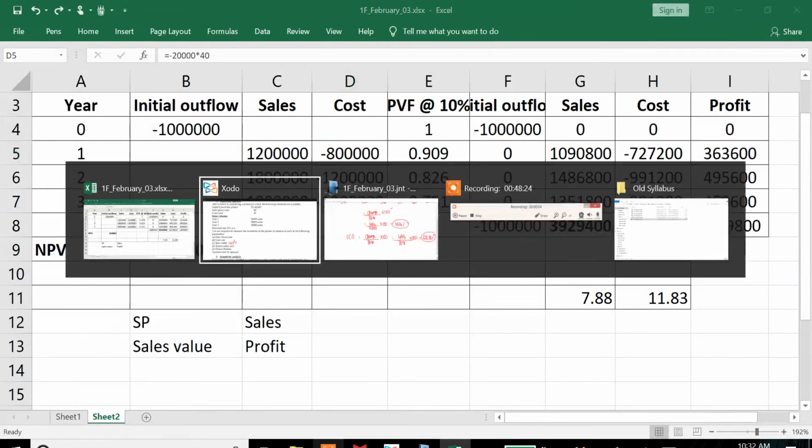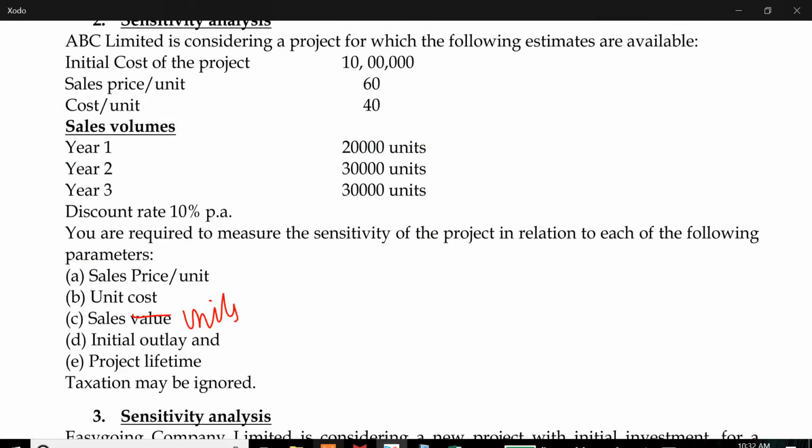Next, sales value. Below that, point number 1, it is assumed that the change in sales value arises due to units.